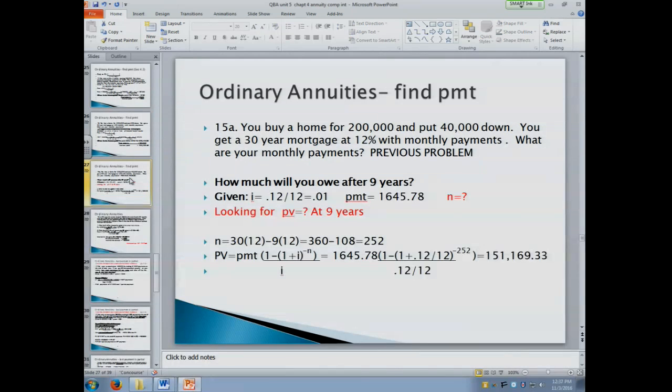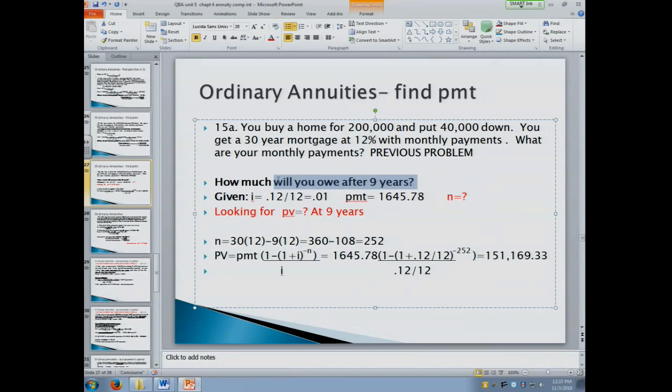Let's do the previous problem. But this time, how much will you owe after 9 years? Let's say after 9 years you want to sell the house and buy a bigger house. How much equity do you have in the house? So you're looking for, and this is very important, students all the time want to find future value, and that's incorrect.